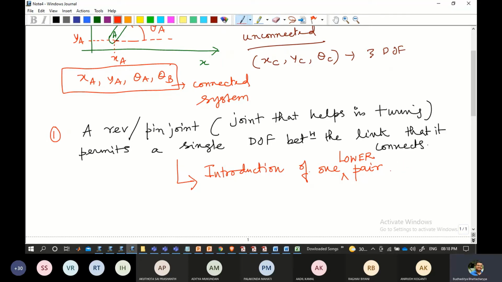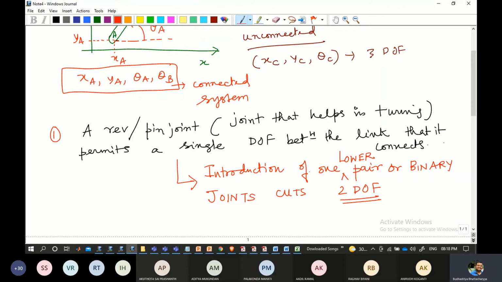Because this is the crux of our discussion, lower pair. So introduction of one lower pair or binary joints. We'll see what exactly binary joints are. It cuts 2 degrees of freedom. So this is the conclusion that I'm drawing, that if I'm adding a binary joint.